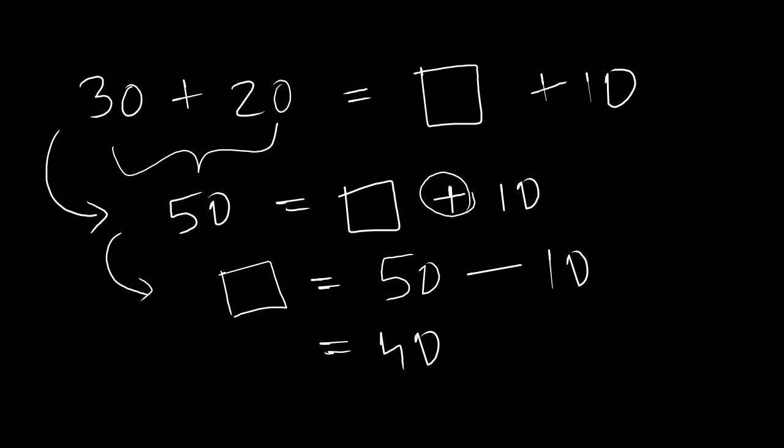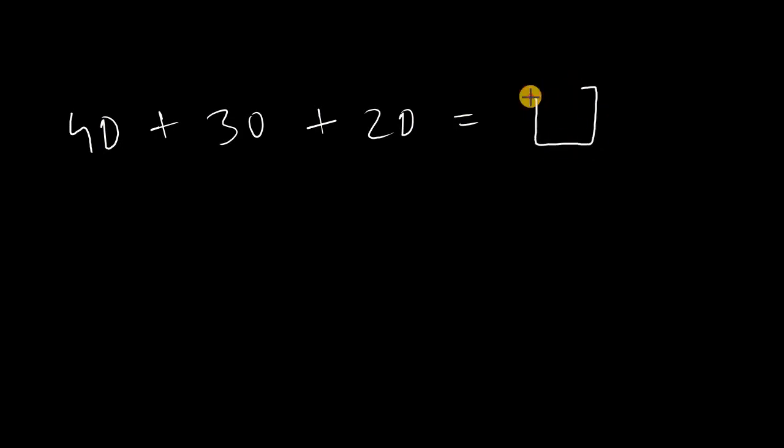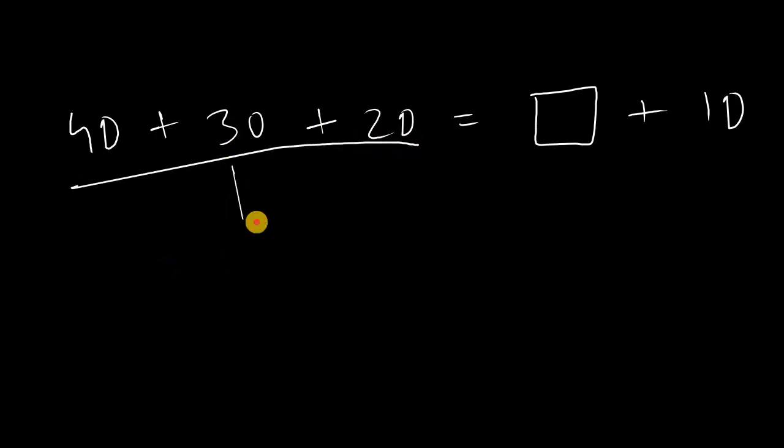Fine. Now let me do a problem of the same type but a little bit different. Suppose I ask you, how do you do this problem? Just as I was telling you, you can see this on the screen, so you just add it, and what do you get? 40 plus 30 is 70, and 70 plus 20 is 90, right?